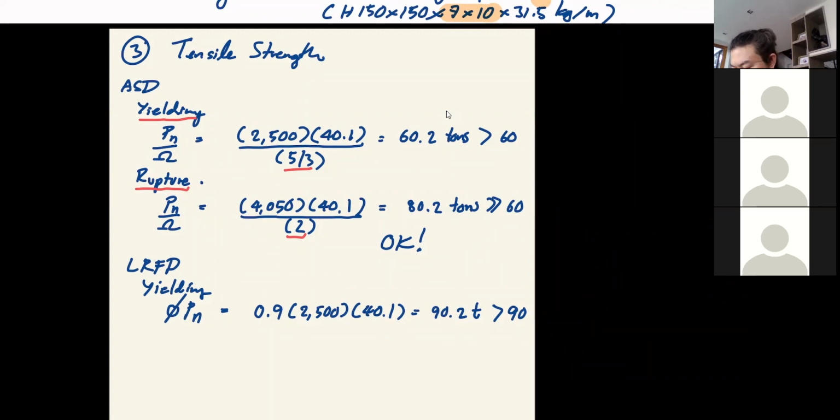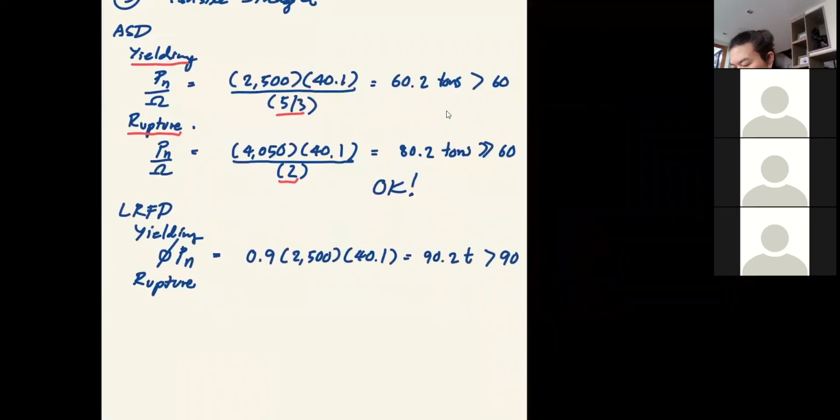rupture. Phi Pn. Now for rupture, the phi is 0.75, right? Remember to use the correct number. Here it is 4050 and the area is the same.